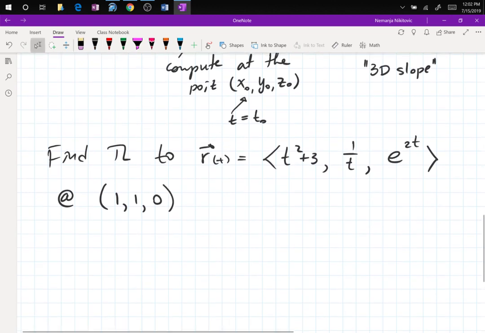First, you have to come up with that three-dimensional slope. So you need your r prime, which would be v, your ABC.